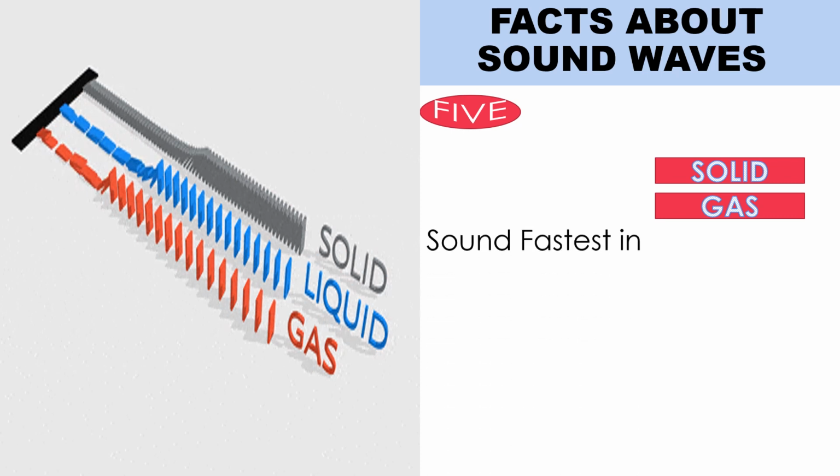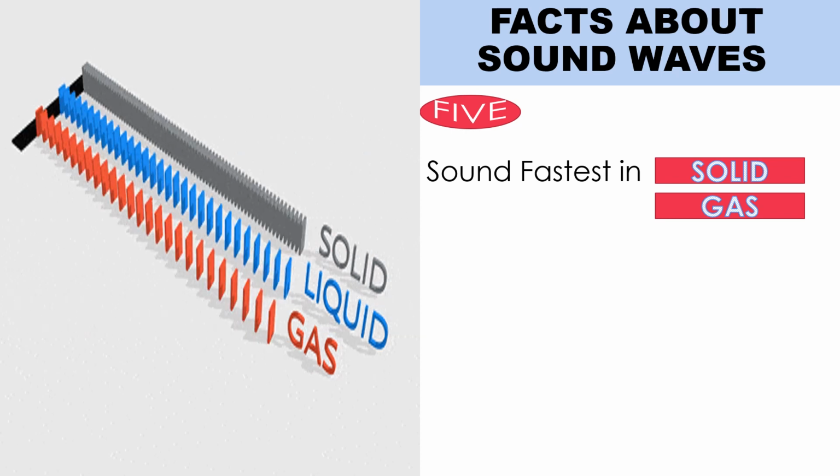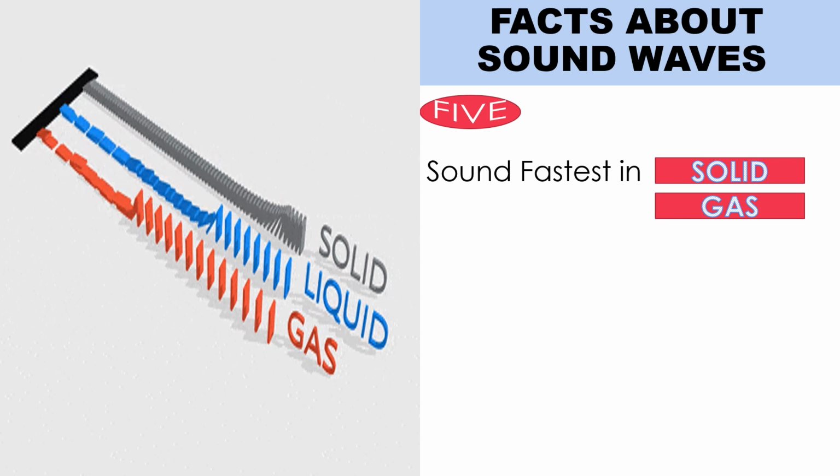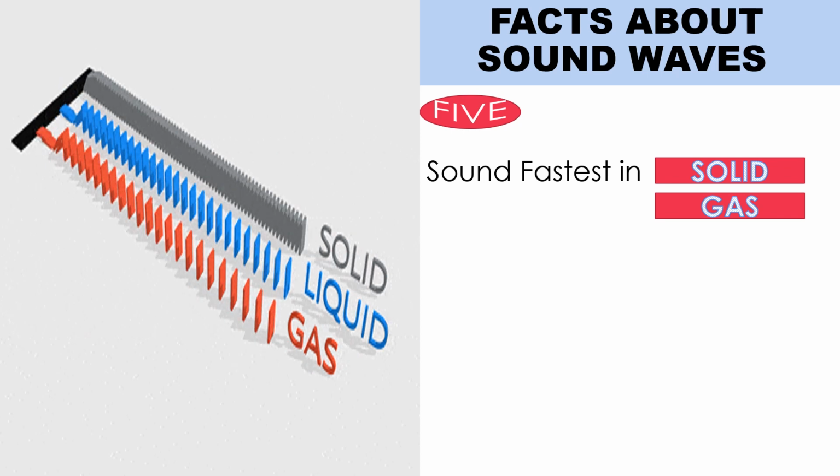Okay, very good. Sound travels fastest in solid. Sound travels fast in solid simply because when we say solid, the molecules are compact, close together. So, if there is vibration, it is quickly transferred since they are close together. That's why sound travels faster in solid.